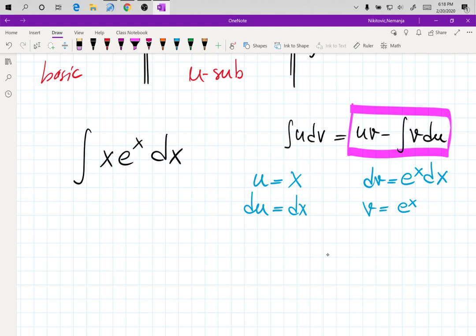Pull your u. So now this problem here is equal to uv, so x times e to the x, minus integral v, e to the x, du is dx.